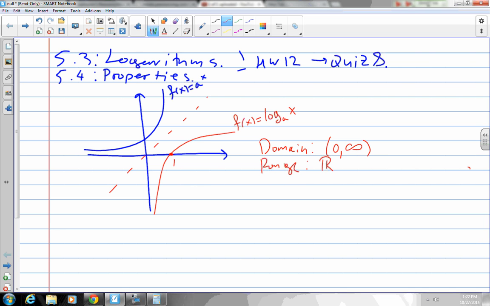It has a vertical asymptote, the y-axis. It has the x-intercept of (1, 0).